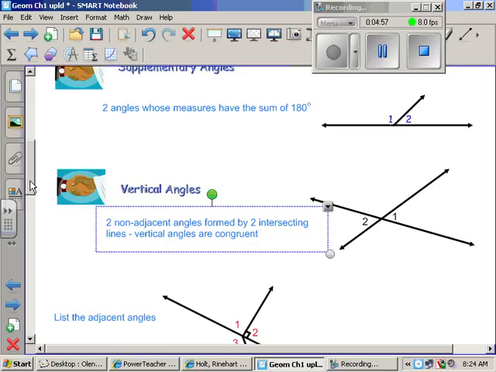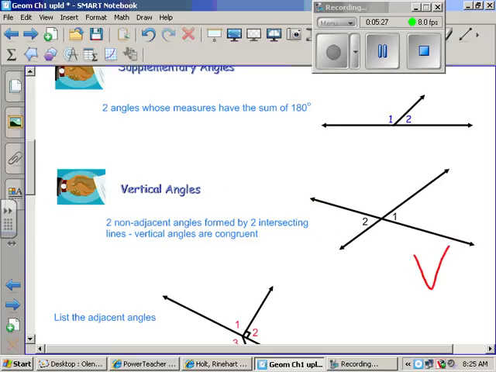They don't share a side. They're formed by two intersecting lines. When we wrote our definitions the other day, they showed one of the counter-examples.